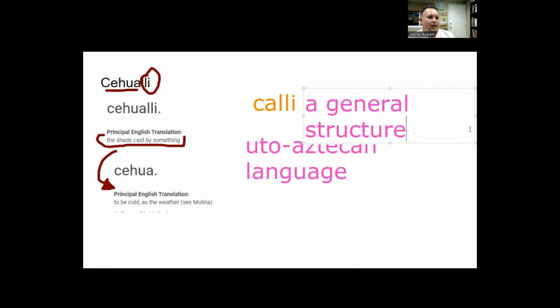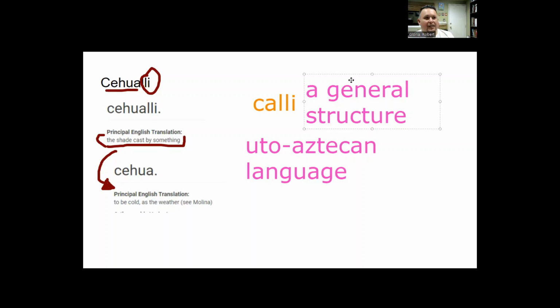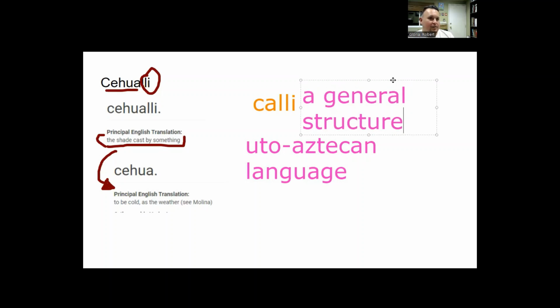A gali could be a house, yes. However, a gali could also be a building. A gali could also be a school, right? It just depends on what that general structure is. The word, if you want to say house, like in modern times, is chantli. Okay, so this is the word for house.